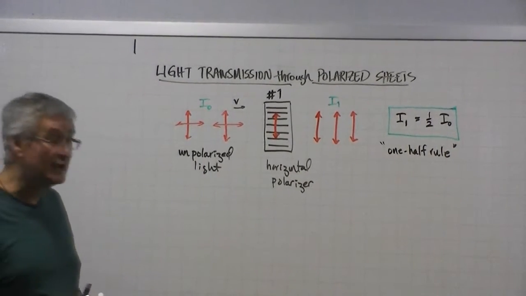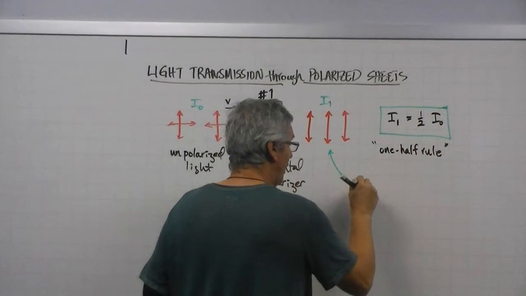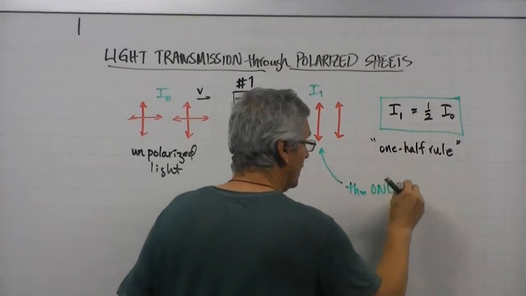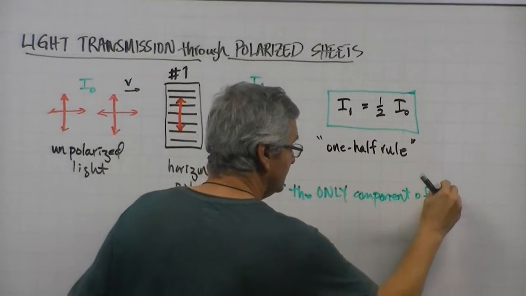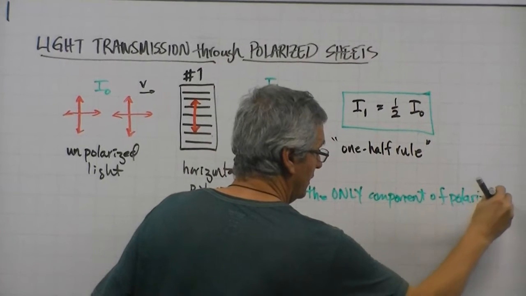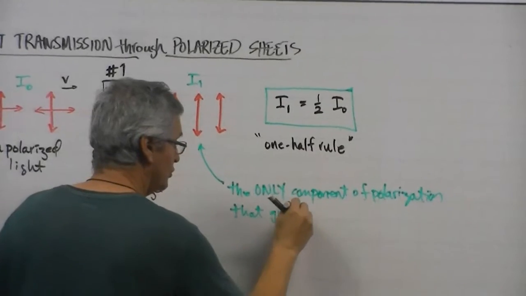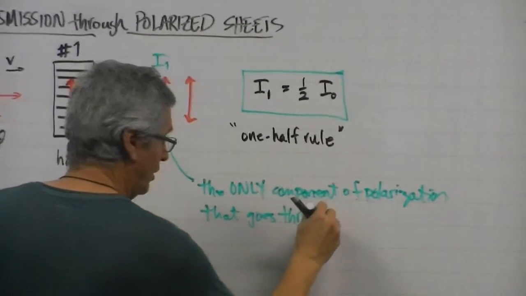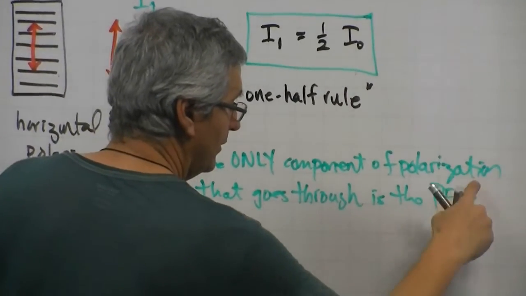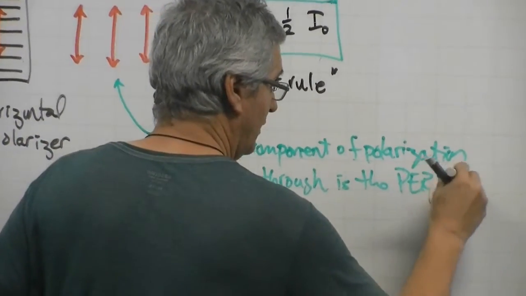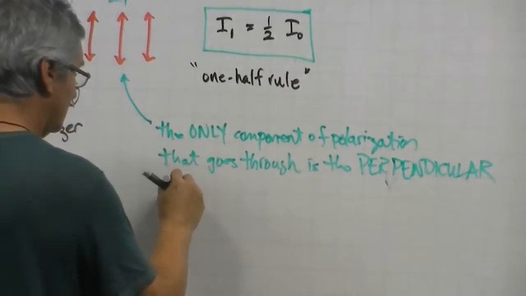The critical thing here is that the only component of polarization that goes through is the perpendicular component.